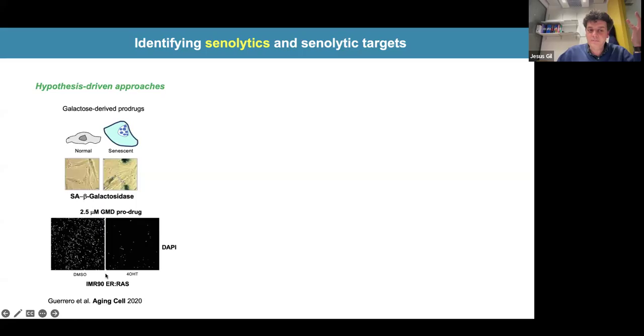And we saw that, in fact, that's the case. A few other groups also saw that if you generate some of these galactose-derived prodrugs, you will have some specificity or selectivity towards senescent cells.